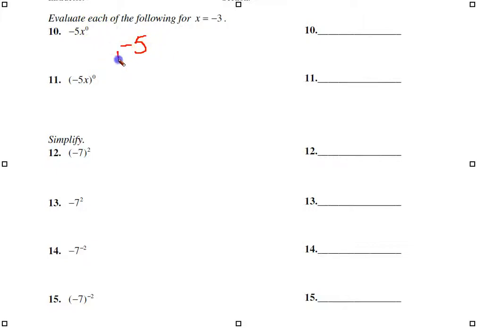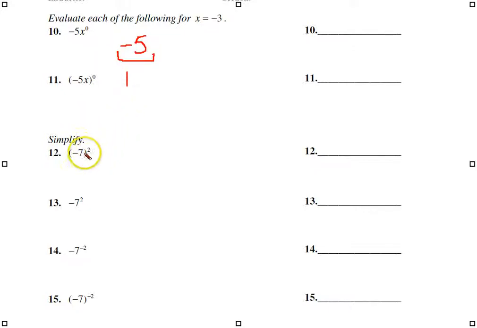So the answer then for this one is -5. Again, anything to the 0 power. If you put a -3 in there, it doesn't make any difference. Because of the parentheses, anything to the 0 power is 1.